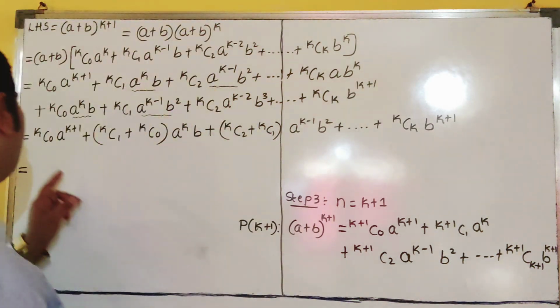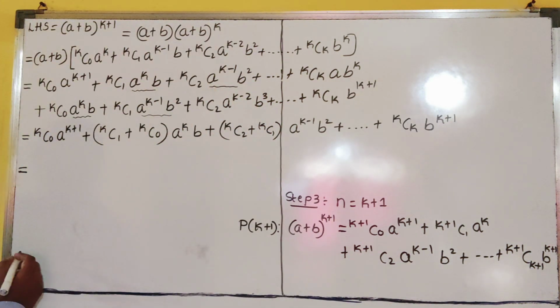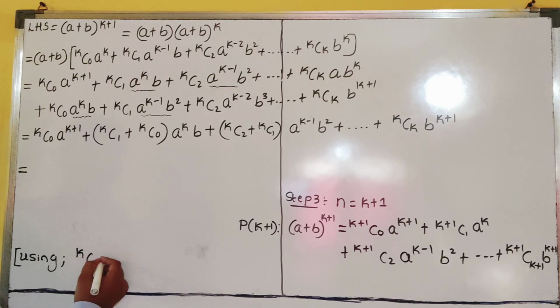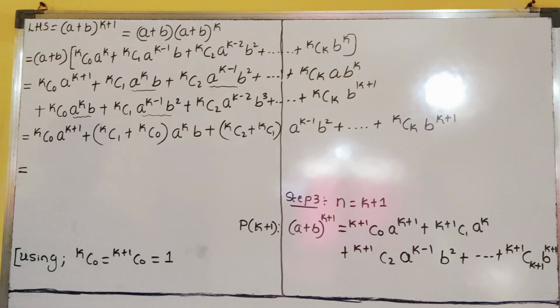So now see, kC0. Below I will write using C. In the exam also you have to show this. kC0 and k plus 1 C0 are equal to 1 only, dear students.